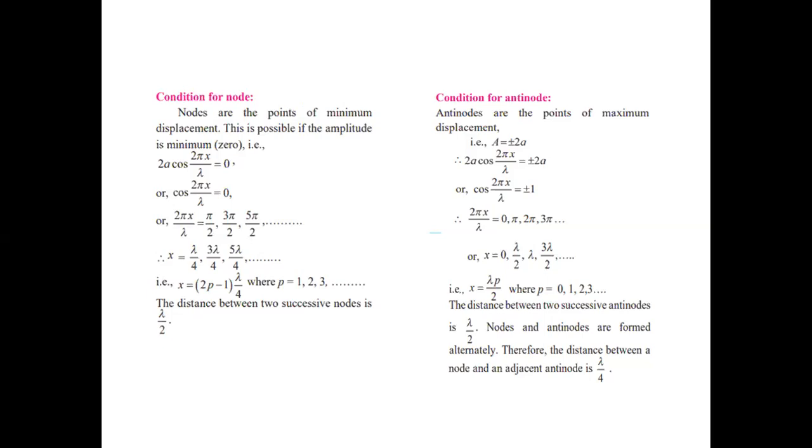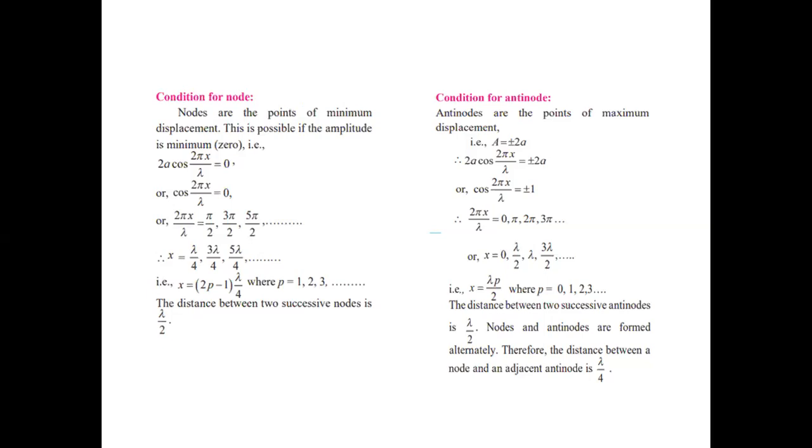After solving this equation for antinode points, we get x is equal to 0, lambda upon 2, lambda, 3 lambda upon 2 and so on.